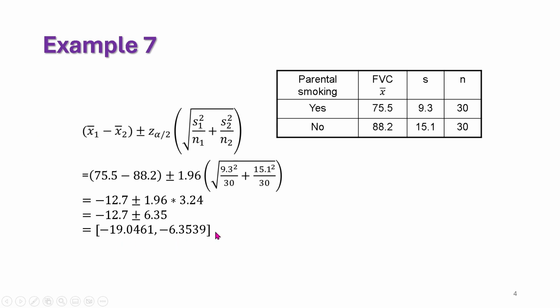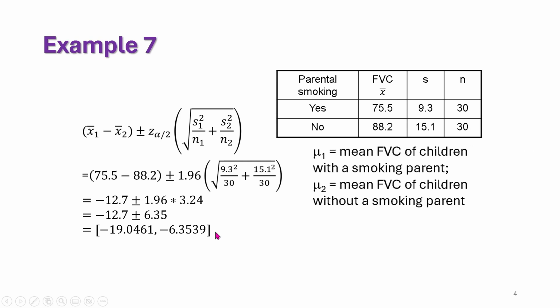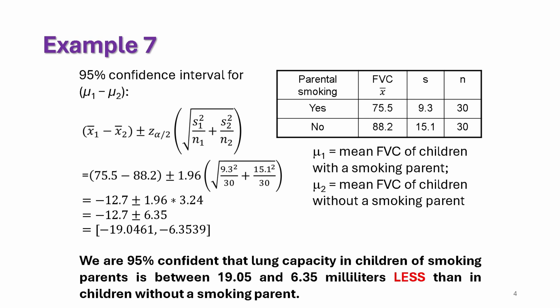It is in the negative range, where mu1 is the mean FVC of children with a smoking parent, and mu2 is the mean FVC of children without smoking parents. So this is the 95% confidence interval for mu1 minus mu2.